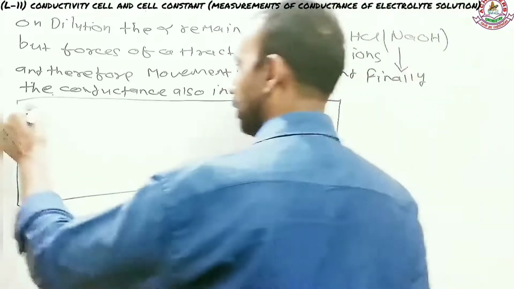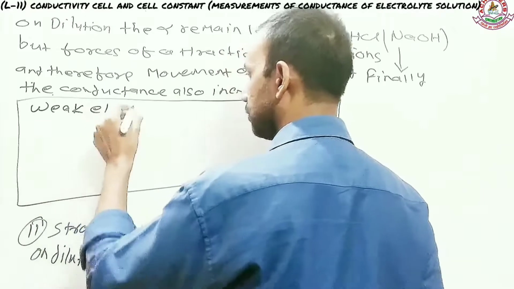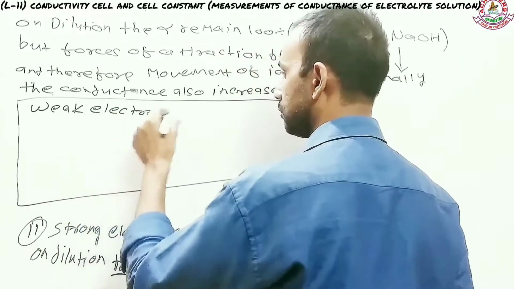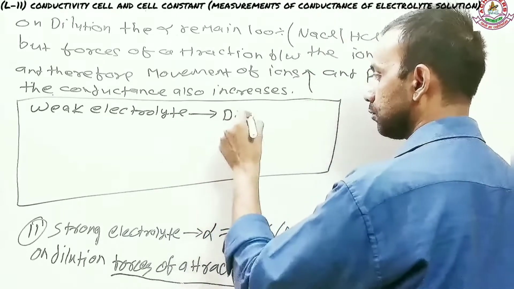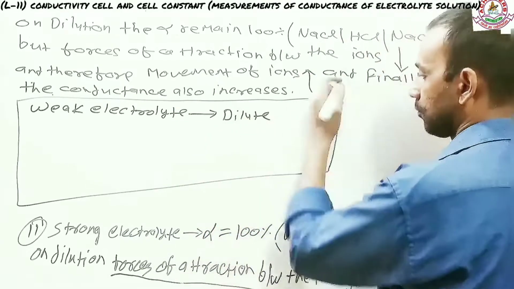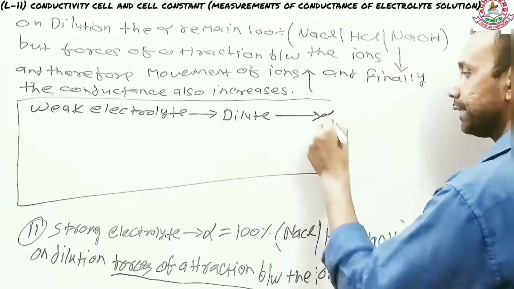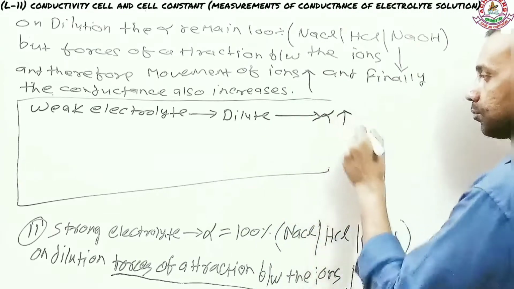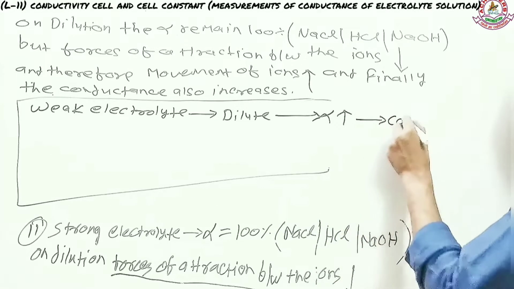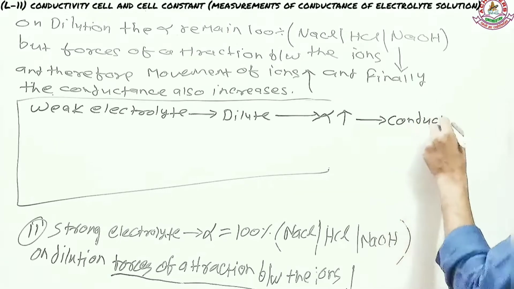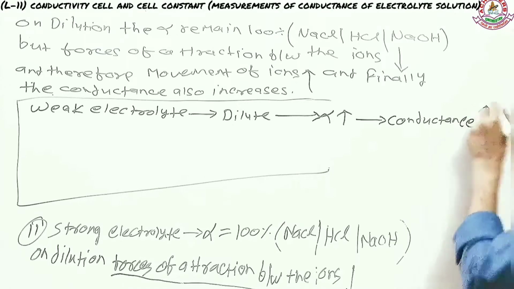Weak electrolyte: dilution, alpha increases, so conductance also increases.